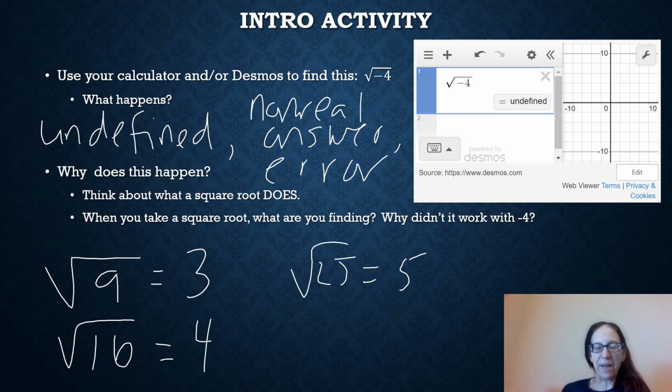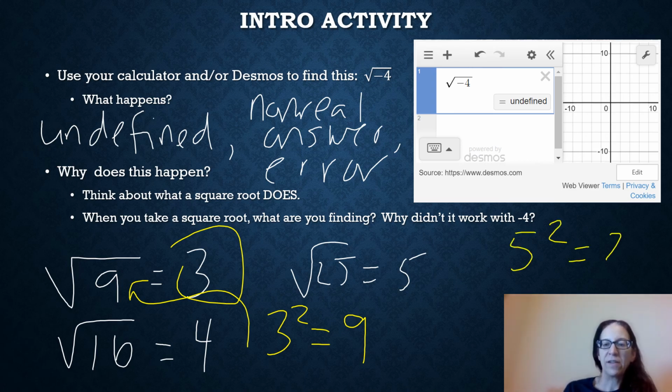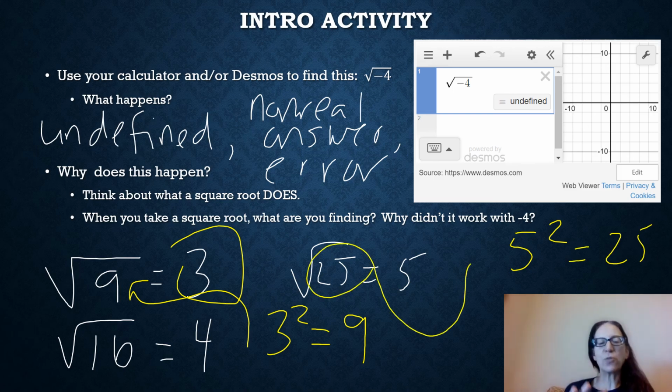I'm going to say that again, okay? You're finding the number that when you square that number, it will give you the value under the square root. Okay, so for 5, you take the square root of 25. If you take 5 and you square it, that is 25. Okay, so that's what square roots do.